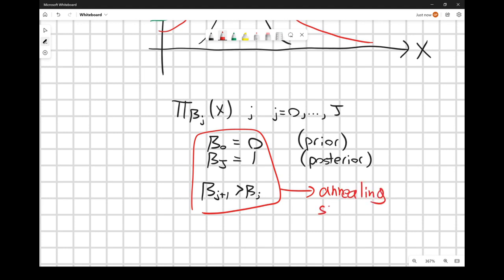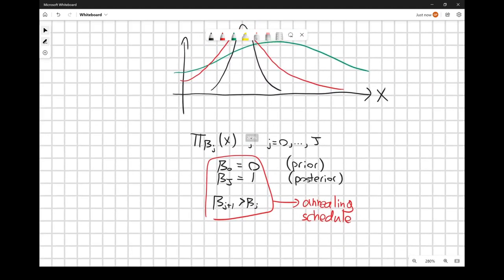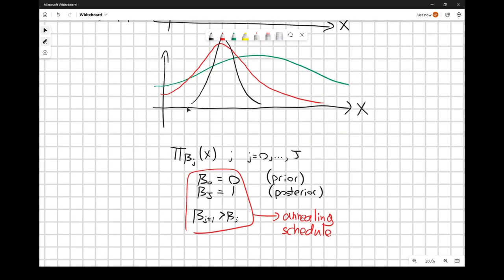As you can imagine, it's an important thing to think about when you're considering algorithm performance. If you go from 0 to 1 too quickly, then you can end up with the same issues that we've described earlier in this video.